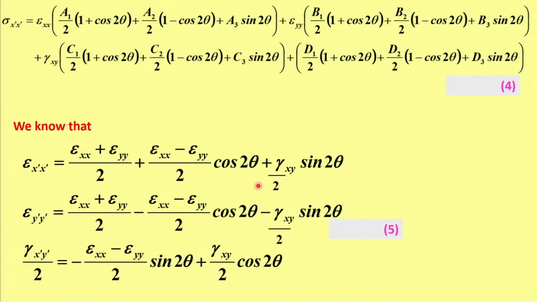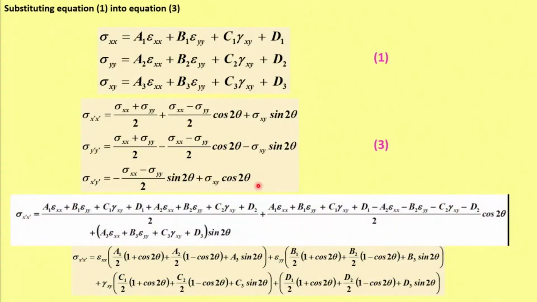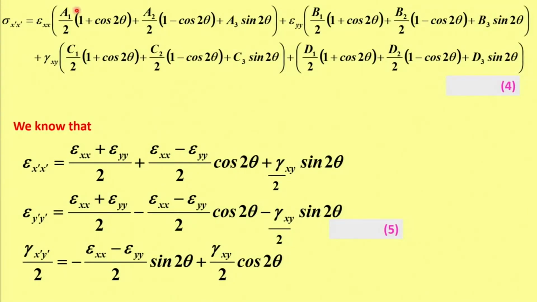Just to recollect, we substituted sigma xx, sigma yy, sigma xy in these equations and got these grouped terms.